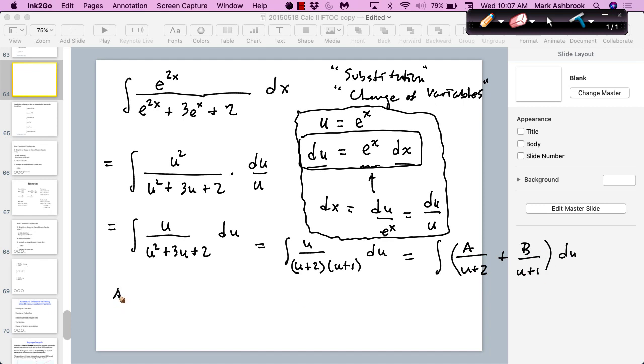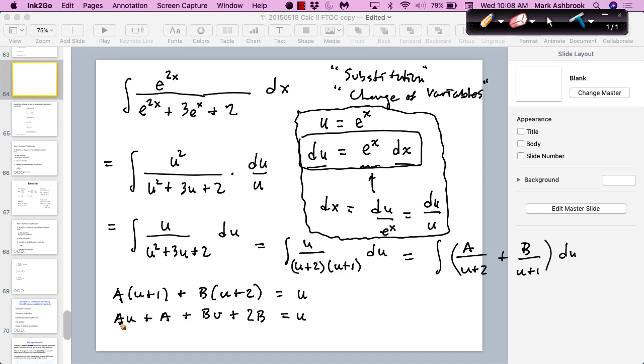So we'll have A times u plus 1, plus B times u plus 2, equals, that numerator will equal u, right? It's got to equal what we started with. Stop me if I lose you, but hopefully you've gotten going on the homework, so this is familiar. So we'll have Au plus A plus Bu plus 2B equals u.